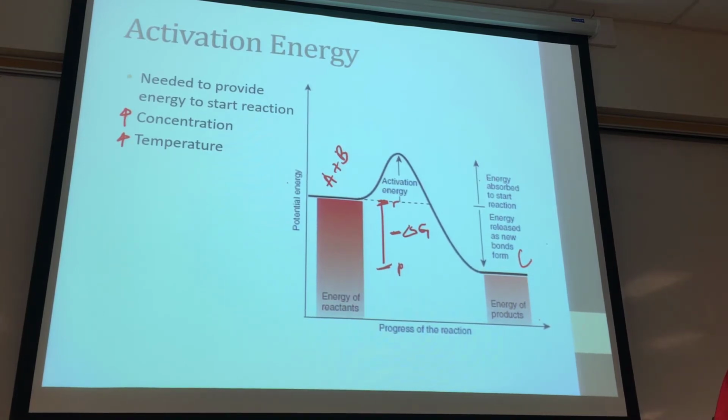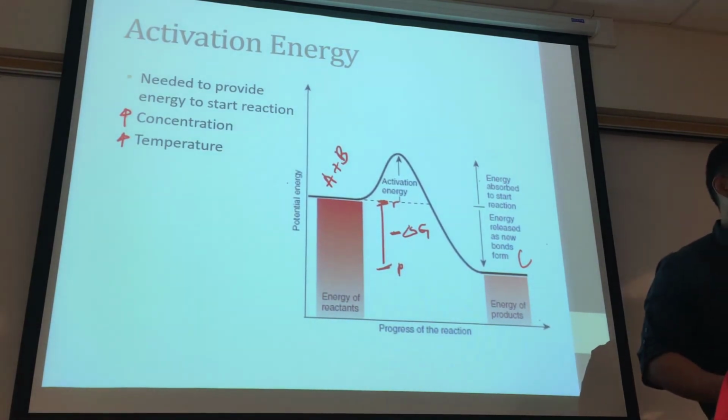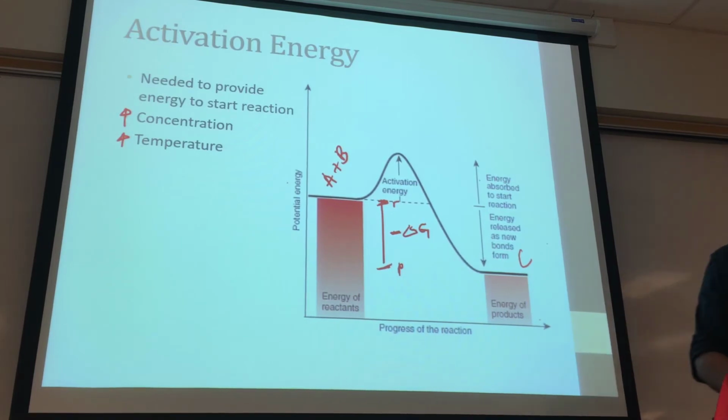You get less A and B. You want to speed up the reaction, get rid of the babies in there, and eventually you'll get more reactants that bump into each other. What questions do we have about this concept before I continue? No questions? All right.